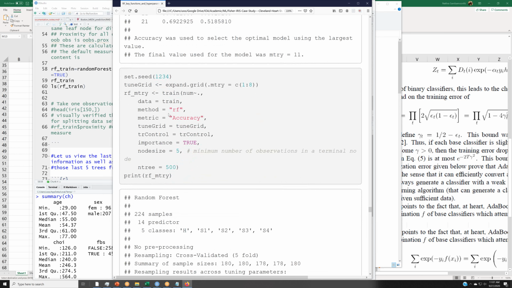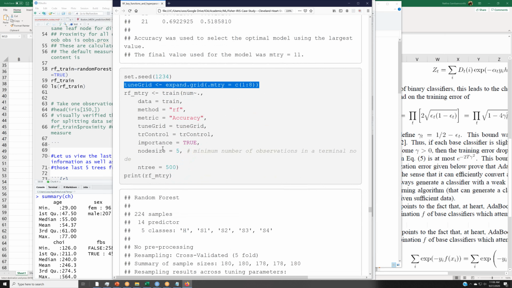So again, I'm building the model num as the function of all the variables, but then it is going through a tune grid. It says tune grid is equal to tune grid. Tune grid is one of the parameters, and that is set here. That means tune this for various m try.